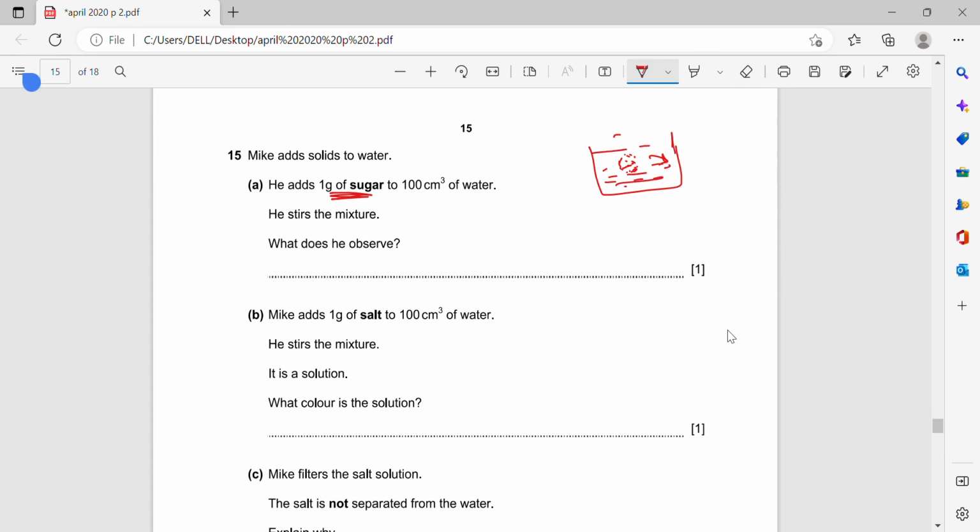What will happen to the sugar if it's added to water? What does he observe? حطينا sugar water وقلبنا هيحصل ايه؟ The sugar will dissolve in water. يبقى هنقول the sugar will dissolve in water.